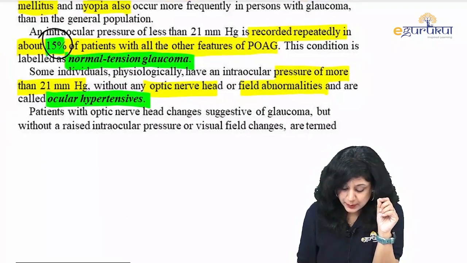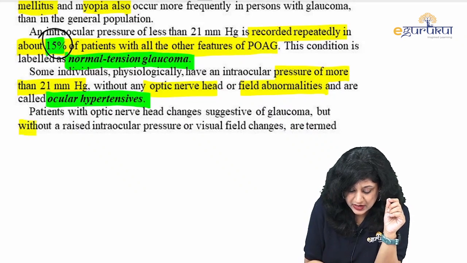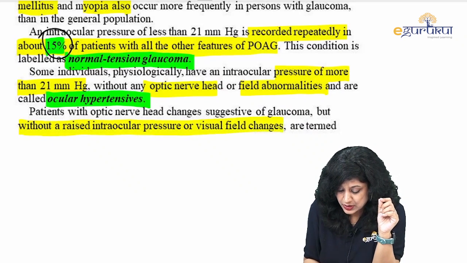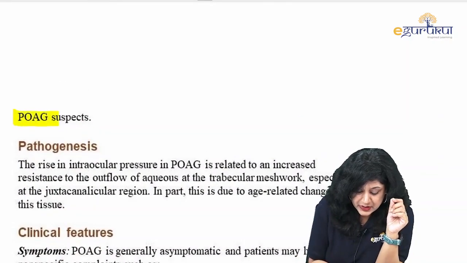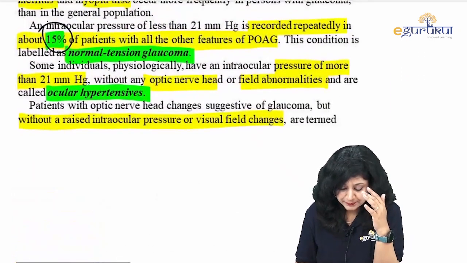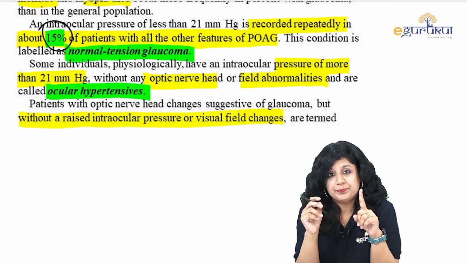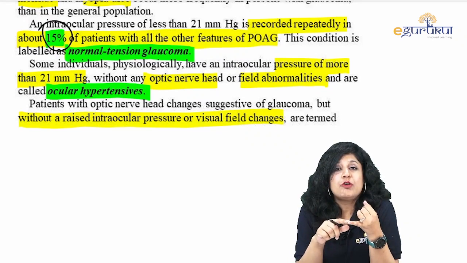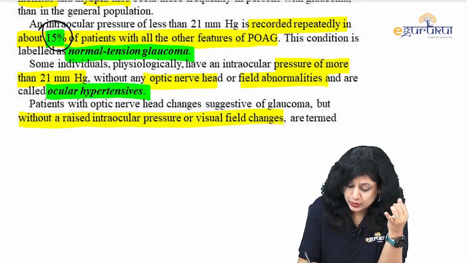Now, the patients with optic nerve head changes suggestive of glaucoma but without a raised intraocular pressure or visual field changes, these are called the suspects. There is another term, which is open angle glaucoma suspect. Suspects means, if I had only one of the triad, that was only the raised intraocular pressure, then it was ocular hypertension.